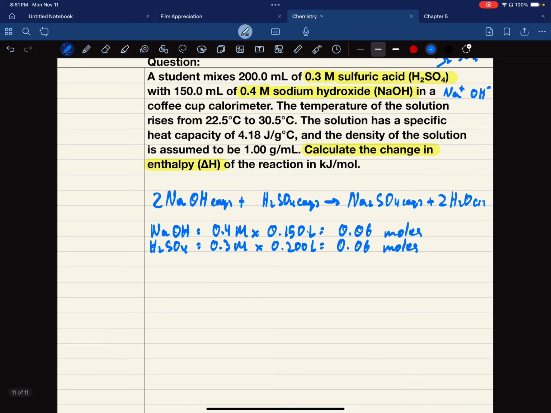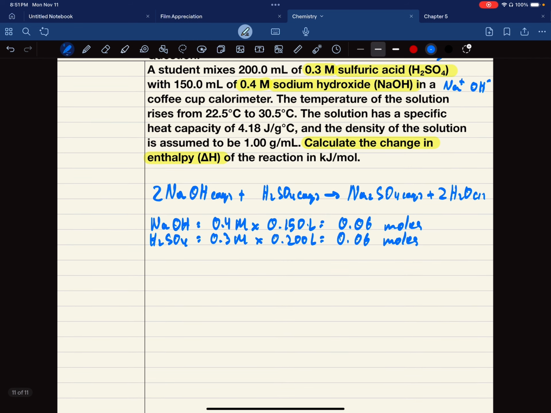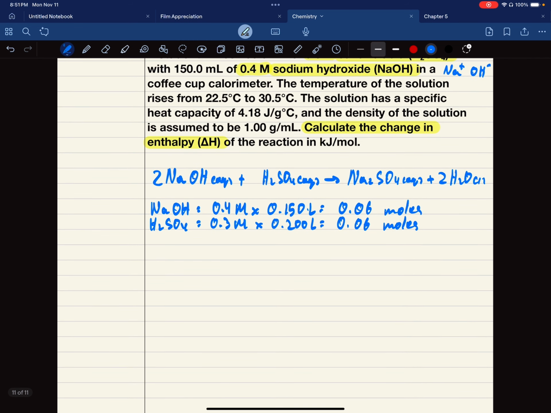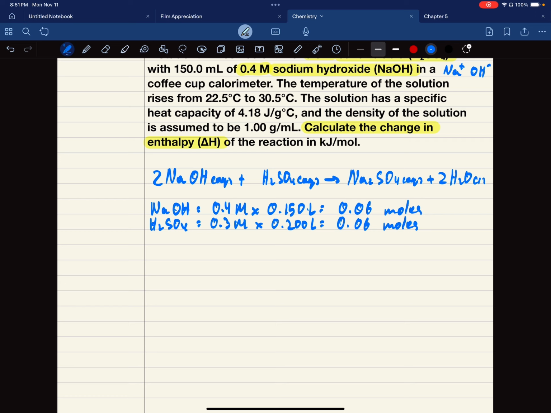Next, I believe it's not written, but we have to find out the limiting reagent in this question as well. Because both of these moles are the same, we can use comparison and see which one, rather than having to solve it out.